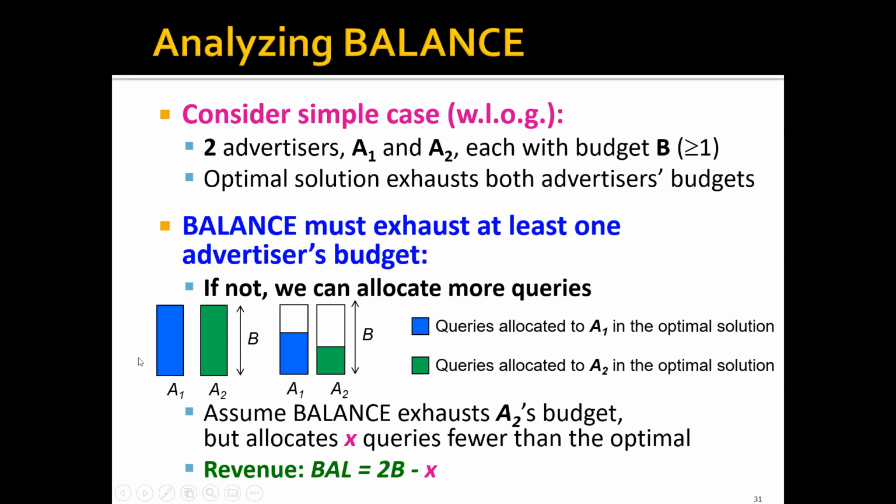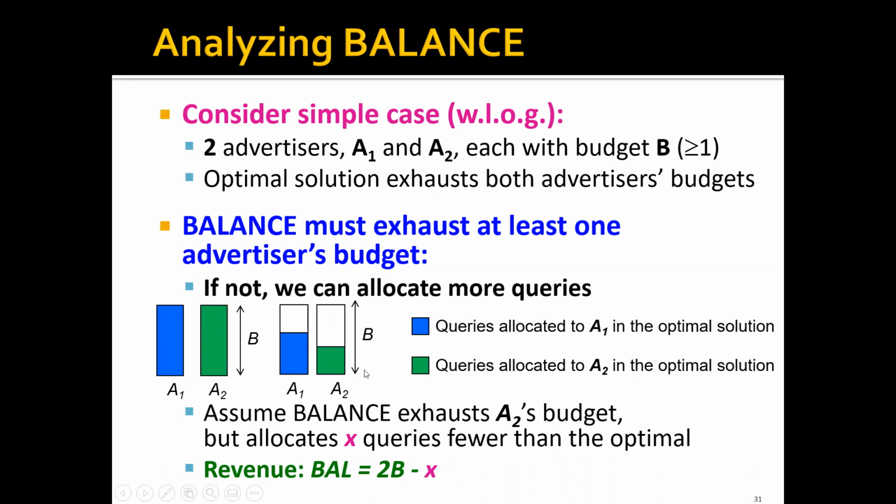that we have this blue part to represent the queries allocated to the advertiser A1 in the optimal solution. And we have the green part representing the queries allocated to A2 in the optimal solution. So the first part of this figure actually represents the optimal solution. And now let's say that both advertisers have some unspent budget, as shown in this second part of the figure here.